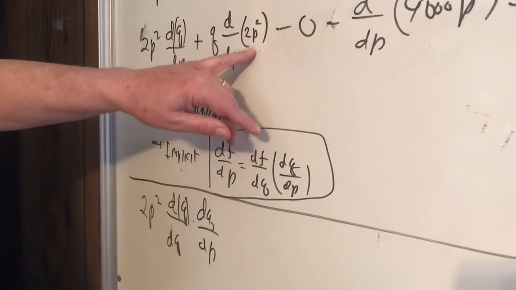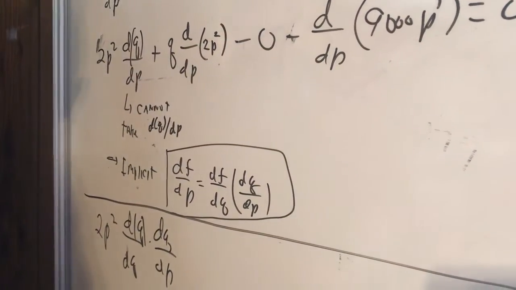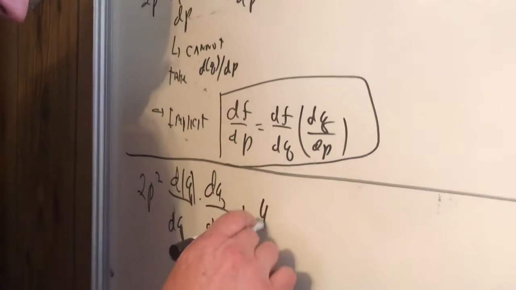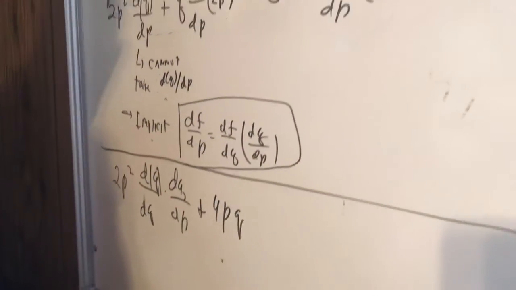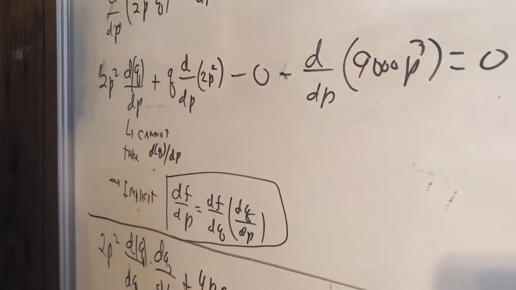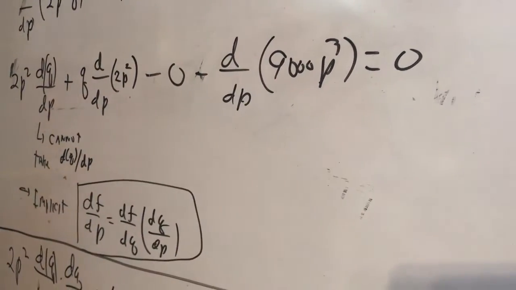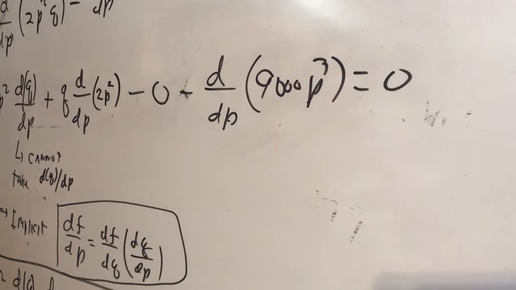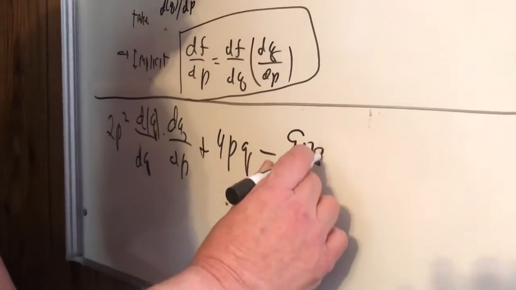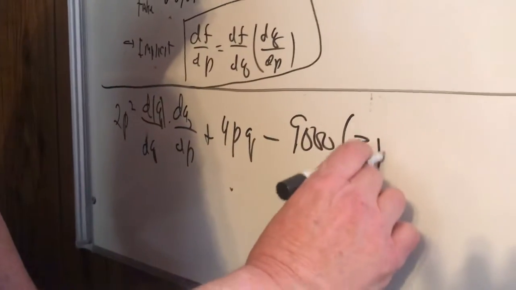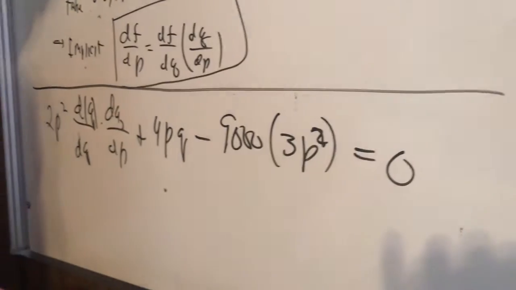Here, we can take the derivative of this, because it's p and a p. It's going to be 4p. That's a 0. Here, once again, we can take the derivative. We have p and p cubed. It's going to be 9,000 times 3p squared. And the whole thing equals 0.